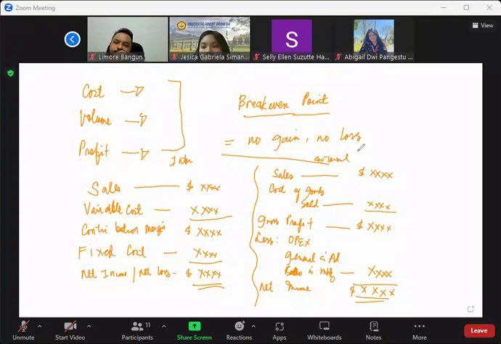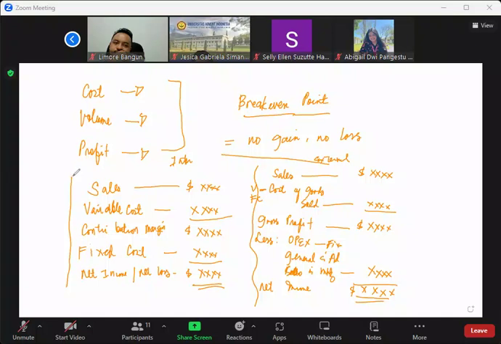On this part, it's a mixture of variable and fixed cost. Here there is a mixture of fixed cost and variable. But here, it's separated.